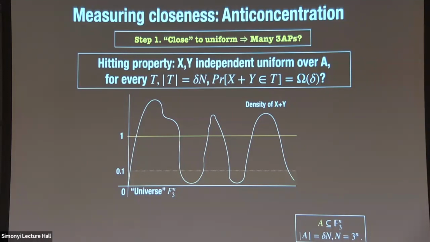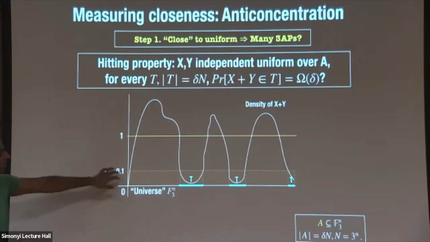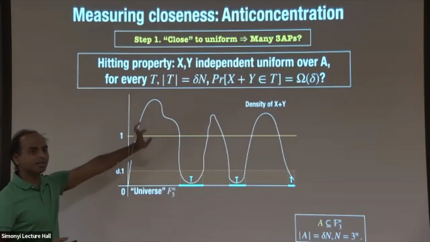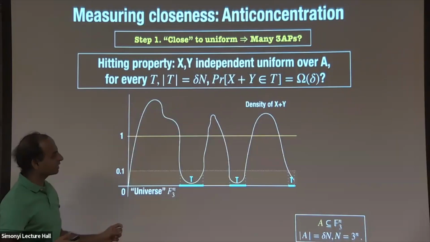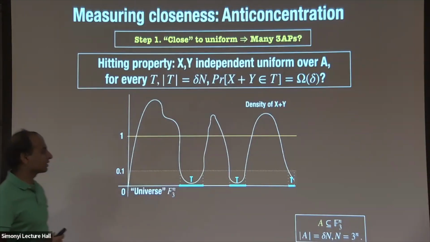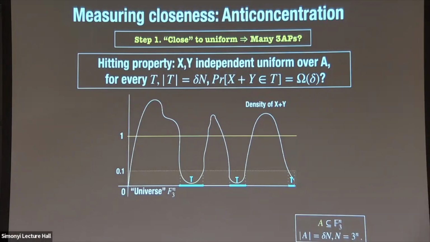So I take all the least probable elements and put them into my set T. In particular, if I look at all the values which are at most 0.1, and don't worry about the constant too much, and those points in T have mass greater than delta, then we are in trouble.